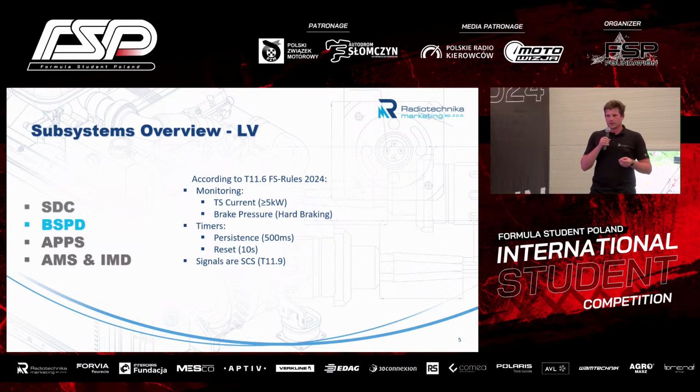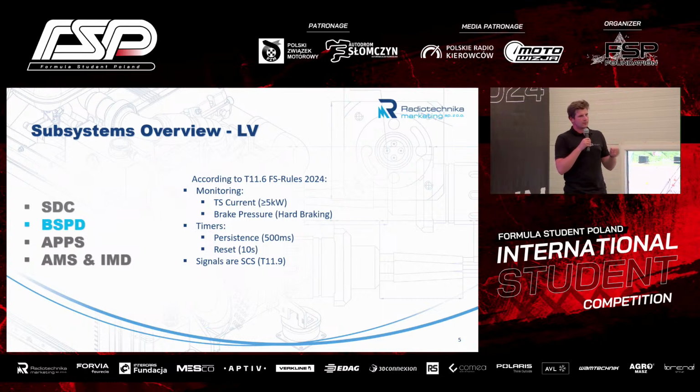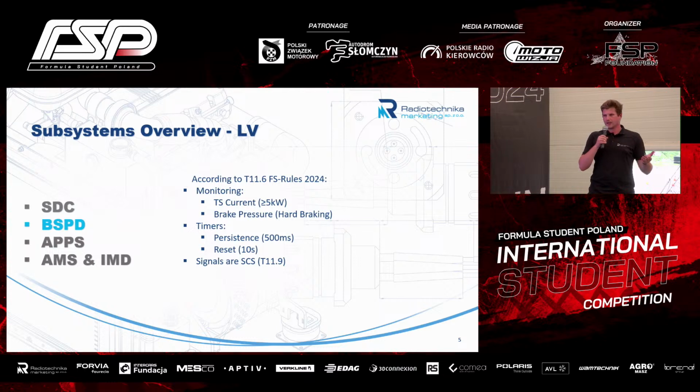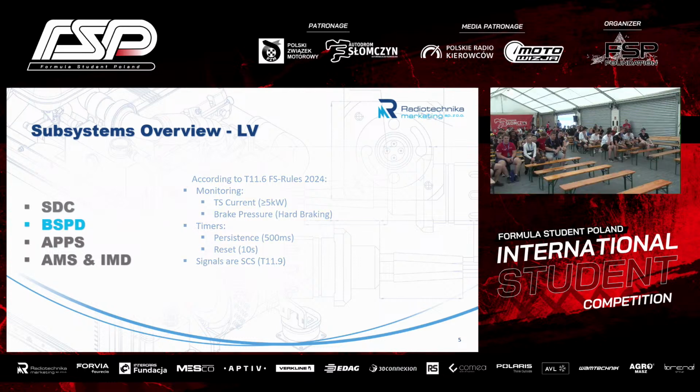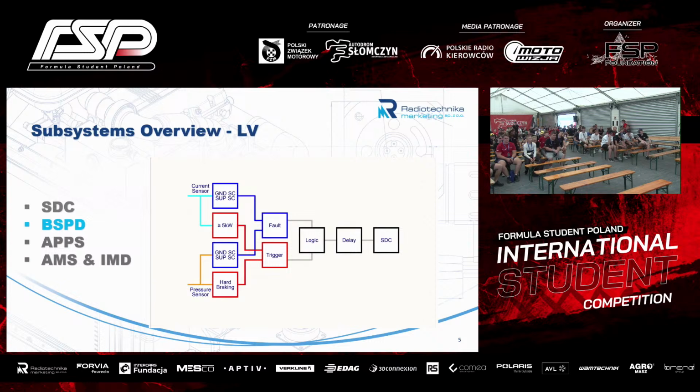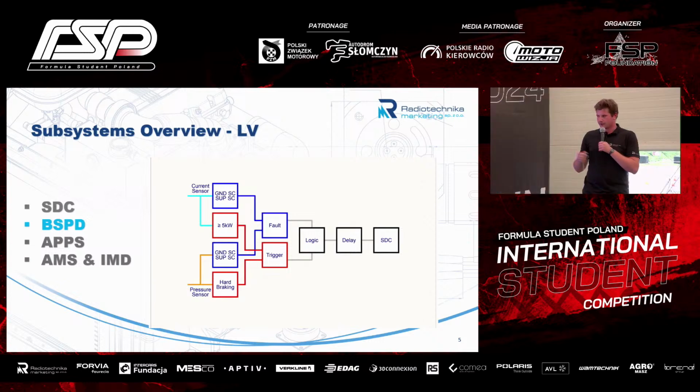So it's really important to have the subsystems in your modules so that you are not worried during inspection that something is not rule compliant. Going further, here, for example, we have one implementation of how it can be implemented. Basically, for every sensor, we have 2 functionalities: checking if the threshold is crossed, and checking for short circuit to supply, ground, or open wire.